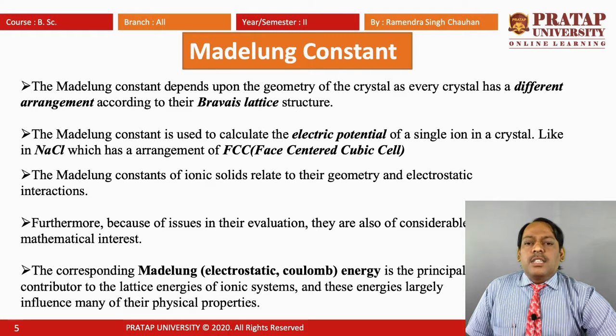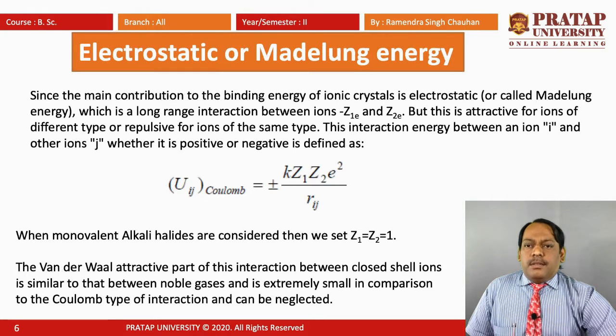The Madelung constants relate to their geometry and electrostatic interactions, and the corresponding energy is the principal contributor to the lattice energies of ionic systems, and these energies largely influence many of their physical properties. These energies are called Madelung energy.